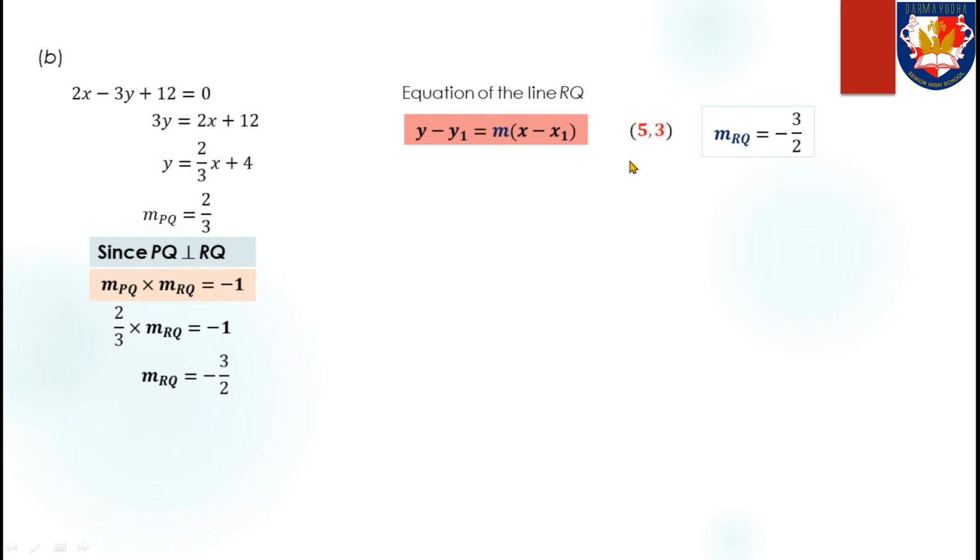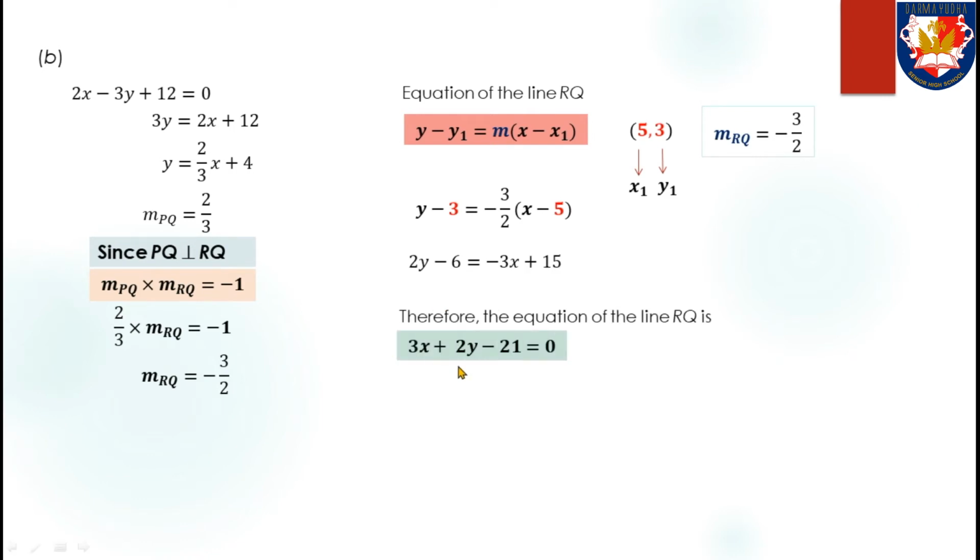Here x1 equals 5 and y1 equals 3. By substituting these values, we have y minus 3 equals negative 3 over 2 times (x minus 5), and simplifying this gives 3x plus 2y minus 21 equals 0.